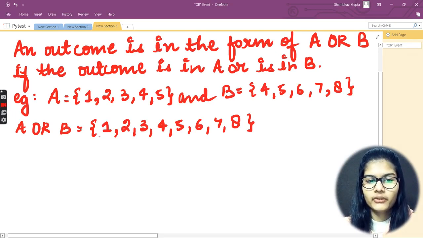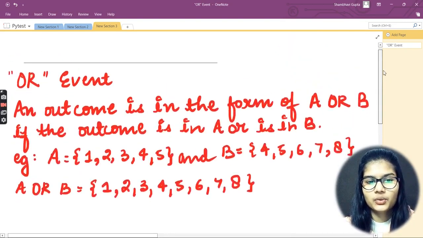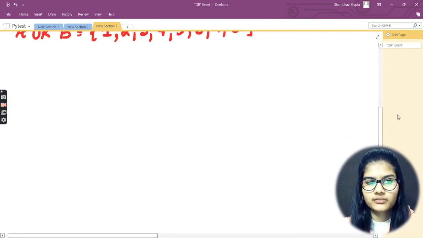No matter if a number comes 2, 3, 4 or 5 times, you write it only once. So if you write an outcome in the form of A or B, the outcome is in A or is in B. Hope I am pretty clear with this example of the OR event.